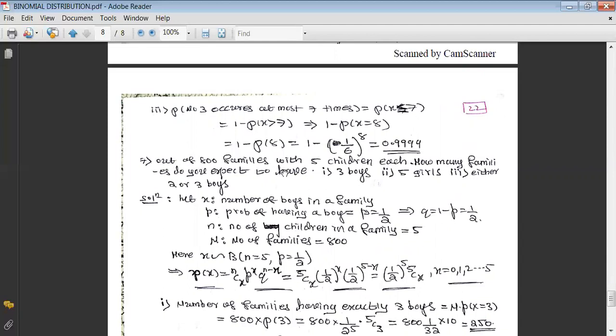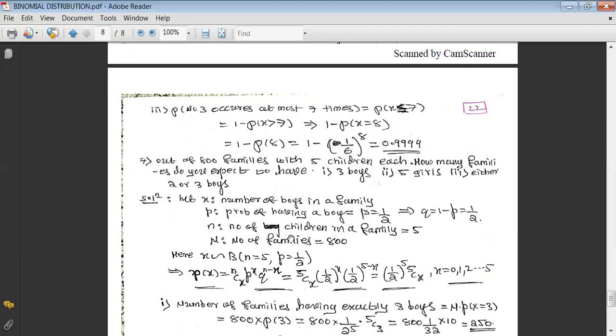Out of 800 families with 5 children each, how many families do you expect to have 3 boys, 5 girls, or either 2 or 3 boys? Once you look at this problem, we are not going to observe any word like probability, but they asked how many families. That indicates in this problem, instead of probability, they asked frequency.